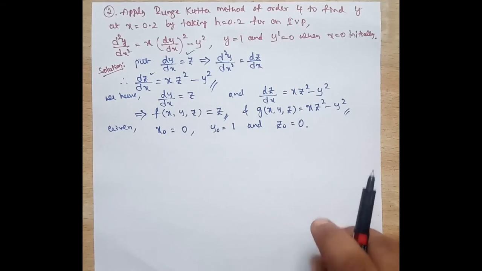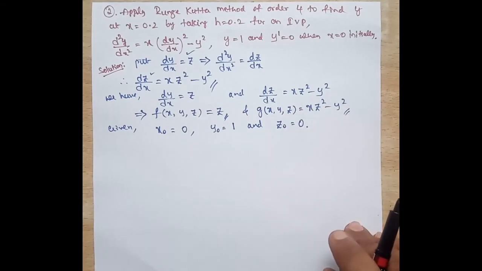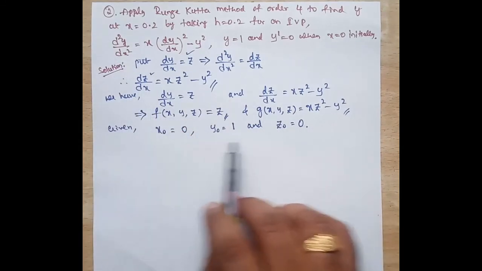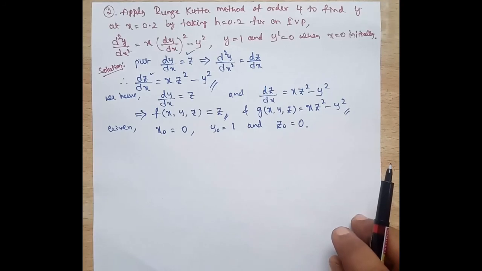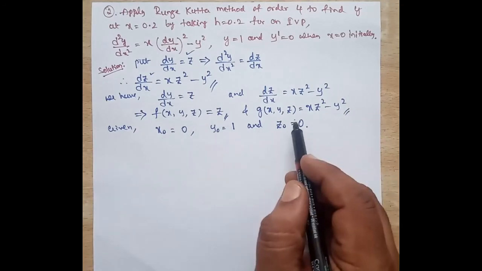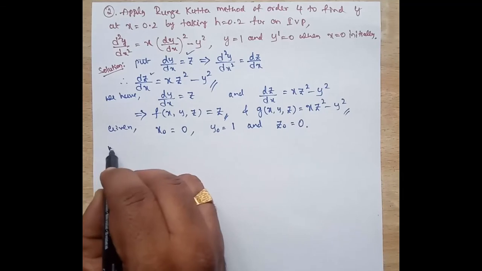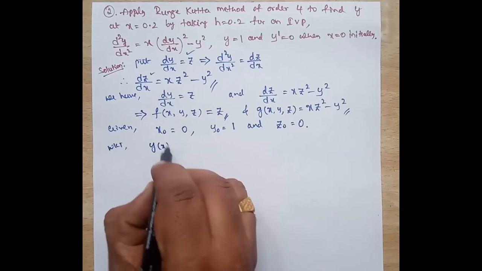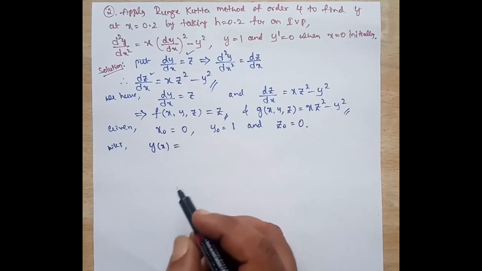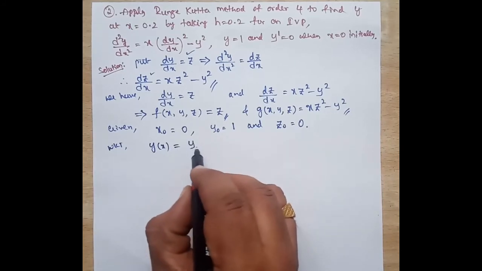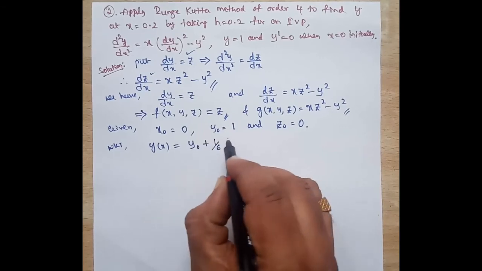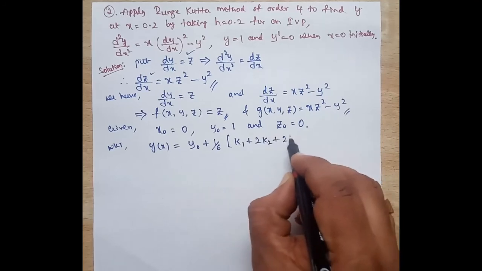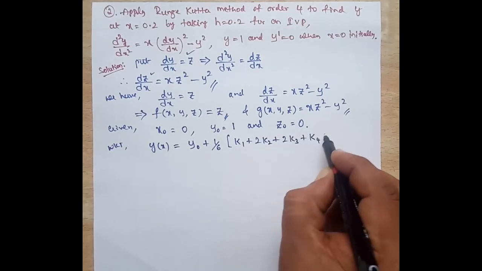So this is the first step in the fourth order Runge-Kutta method: reduce the second order equation to first order form, rewrite them, and write the initial conditions. Once you write this, we know that the approximate solution of an IVP in the fourth order Runge-Kutta method can be obtained by the formula y of x equals y naught plus 1 by 6 into (k1 plus 2k2 plus 2k3 plus k4).